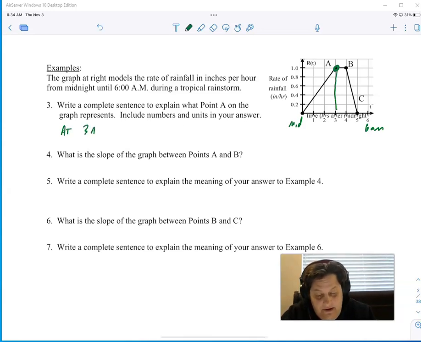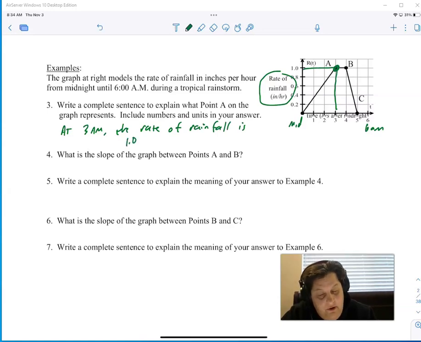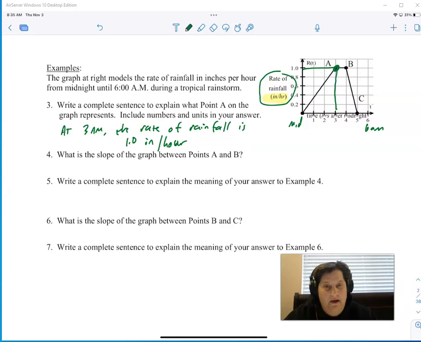Then I look over here, the rate of rainfall is, look at the y coordinate, 1.0 what? Inches per hour. At 3 a.m., the rate of rainfall is 1 inch per hour.